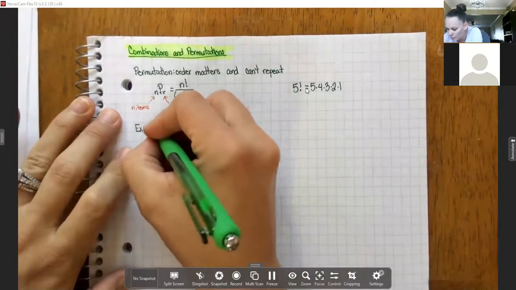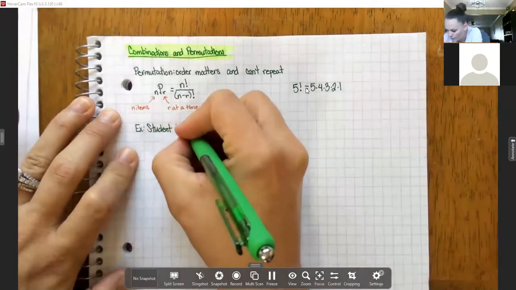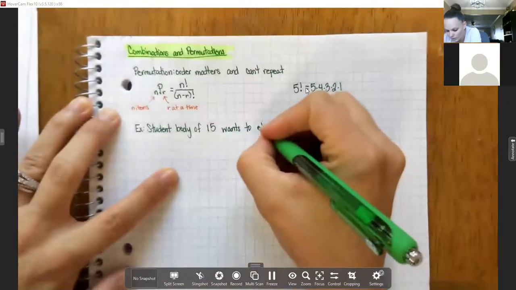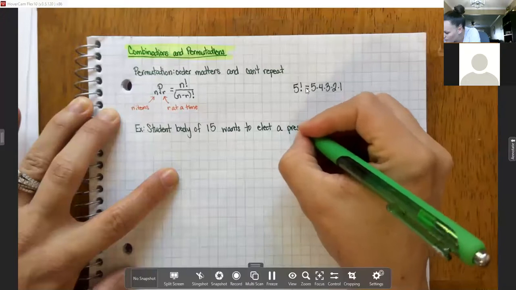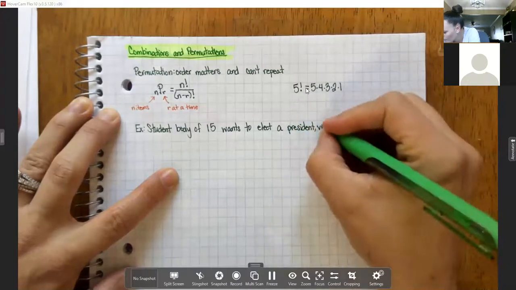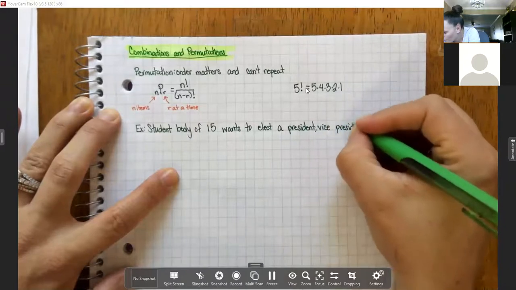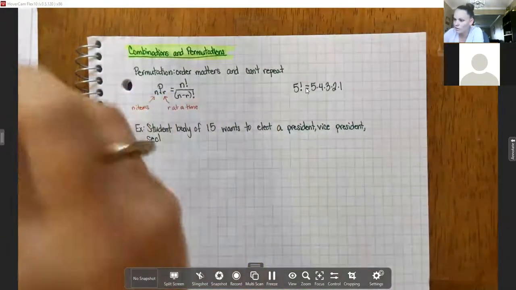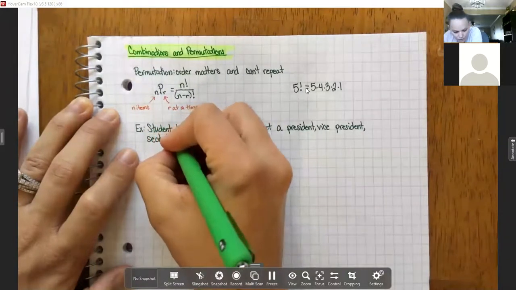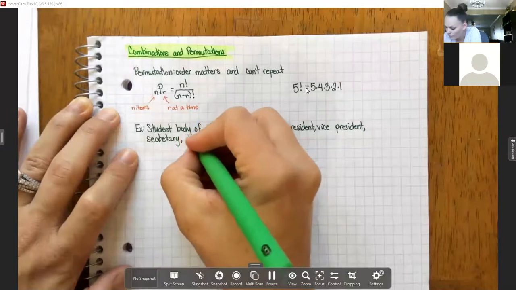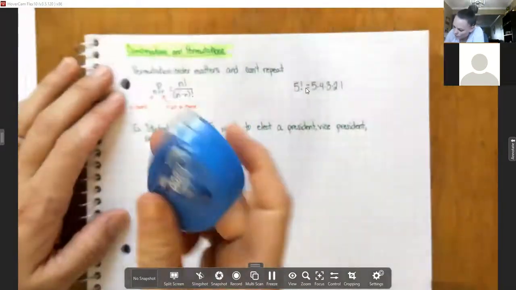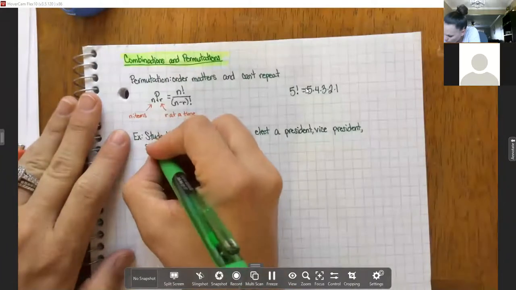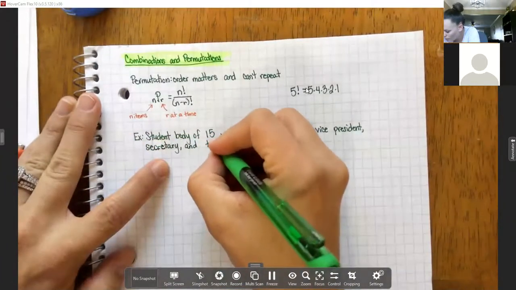So just a little example, a student body of 15 wants to elect a president, vice president, secretary, and treasurer.